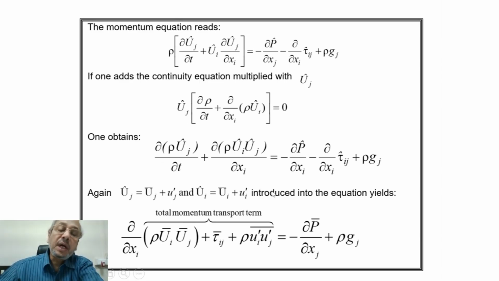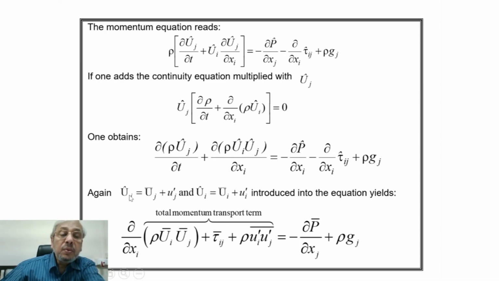We have done this earlier, but here we are using index notation. Plugging in the continuity equation means we are writing the momentum equation in conservative form.